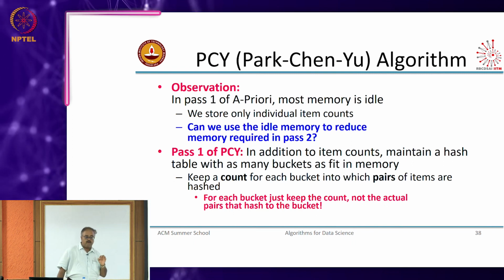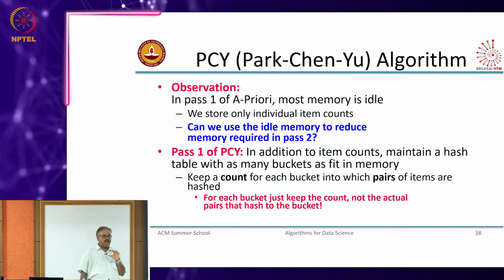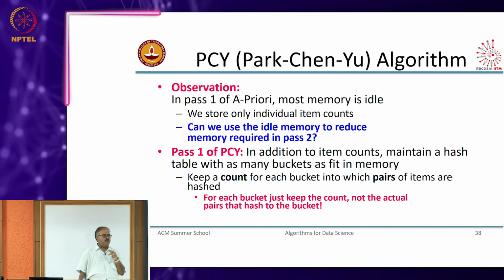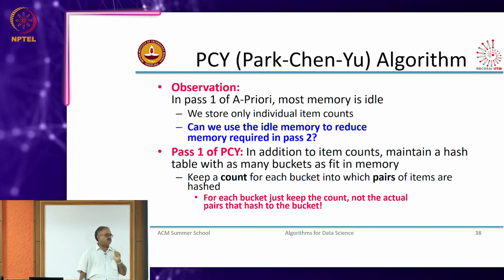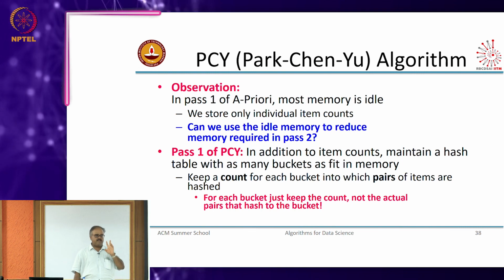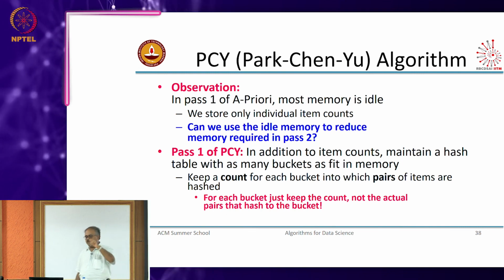And keep a count for each bucket in this hash table, counting how many times a pair of elements hash to that bucket. So, you have some hash function that takes a pair of elements and puts it into that bucket.